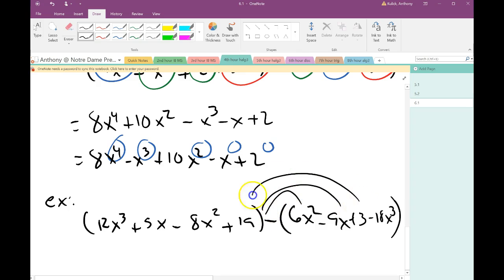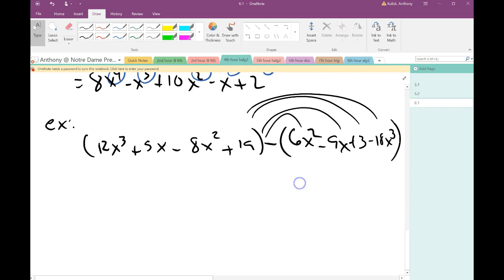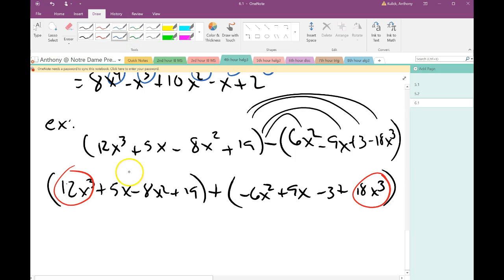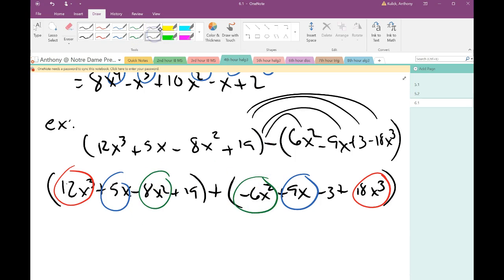I'm going to start by rewriting this as an addition problem. So I'm going to distribute that negative sign through the second piece. And I'm going to look for like terms to combine. So I have these x cubes to combine, these x's to combine, these x squareds to combine, and these constants to combine.